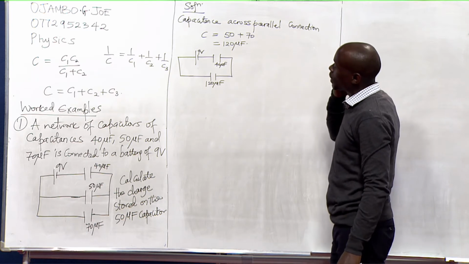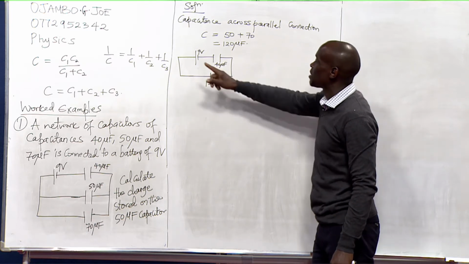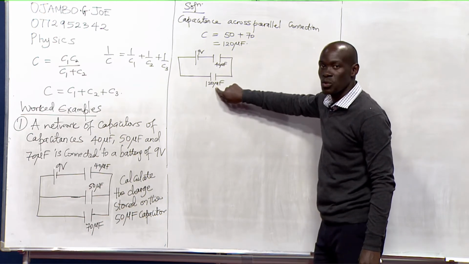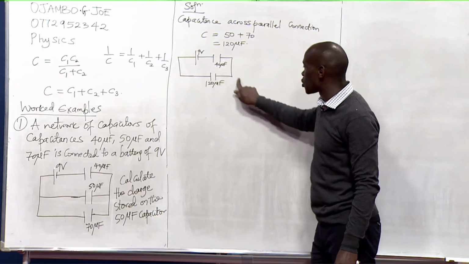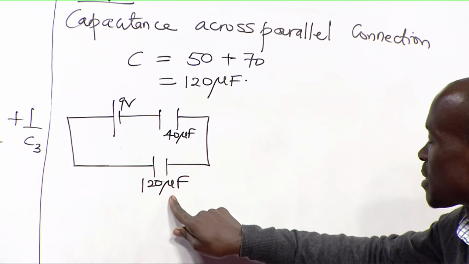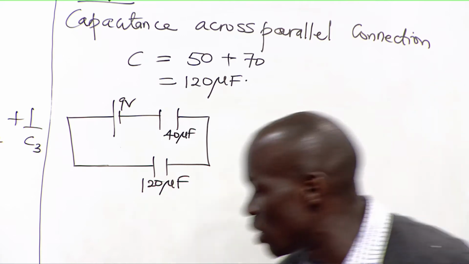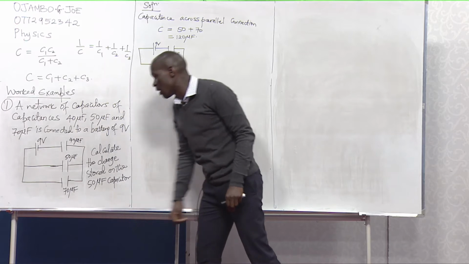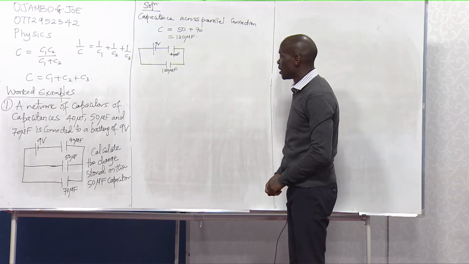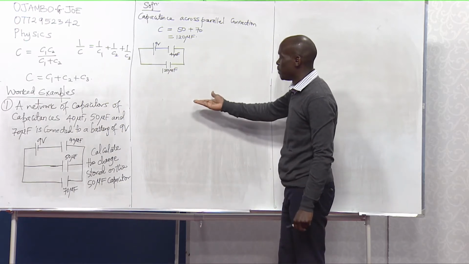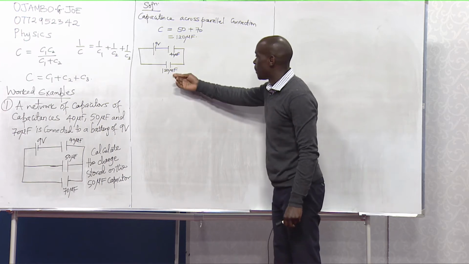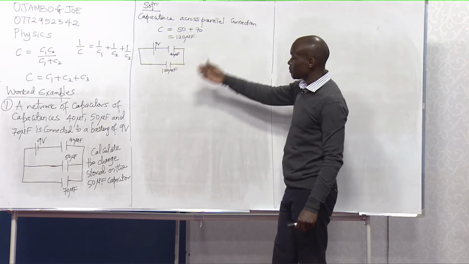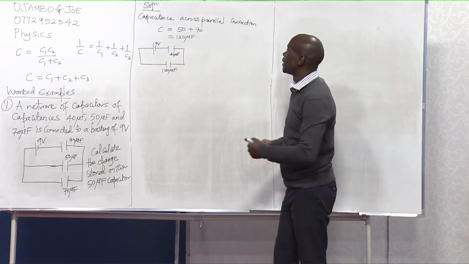Because they are in series, the PD across this one is different from the PD across this one. But since the 120 represents the parallel connection between these two, the PD across the 50 will be equal to the PD across the 70 microfarad capacitor. So our task is to find the PD across the parallel connection, from which we can get the charge because we have the capacitance.